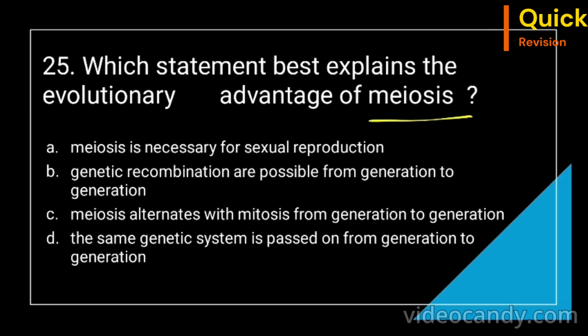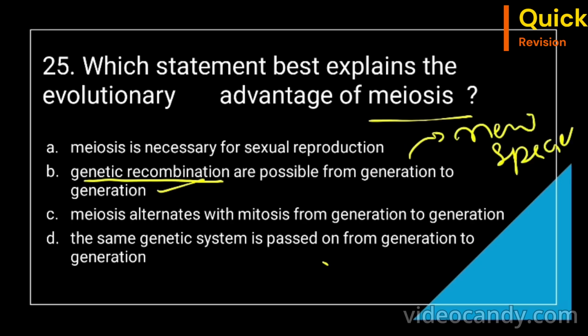Genetic recombination is possible from generation to generation. Meiosis alternates with mitosis from generation to generation. The same genetic system is passed on from generation to generation. The correct option will be B, because of the genetic recombination only we have so many new species, like the evolution is occurring because of this genetic recombination.